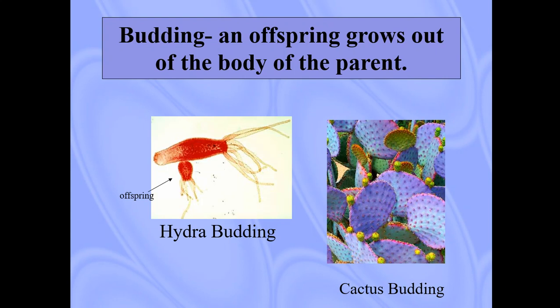So the new organism will only detach from the parent organism when it is mature and ready to live by itself. So itong hydra bud na to, it will detach from its parent if matured na siya, na pwede na siyang makapag-live all alone. Okay po? So, yan.